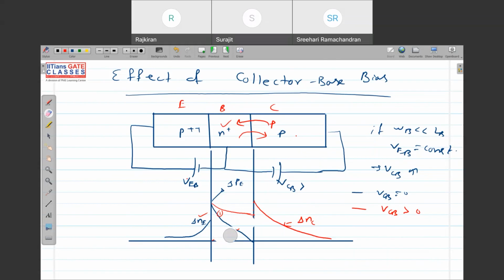Actually, the level should be a little bit low, right, sir? Because of those two graphs, if we look. Yes, because of these two graphs, let me tell you what will happen. The concentration profile will be like this.